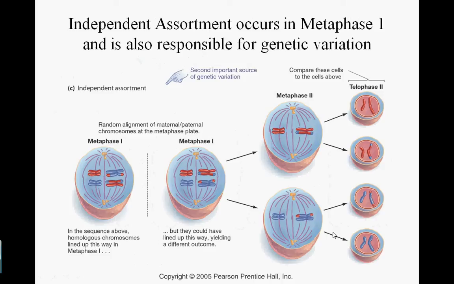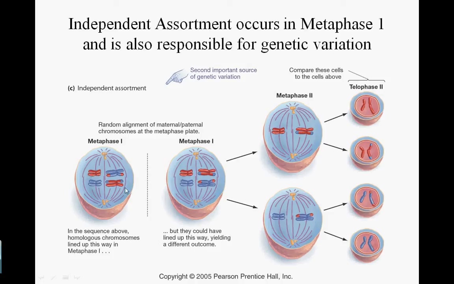Independent assortment is also responsible for genetic variation, and this occurs in metaphase 1. It all is a matter of probability, if you will. It determines how exactly they line up at the metaphase plate. Depending on how these homologous chromosomes line up, you see we have two different scenarios right here.